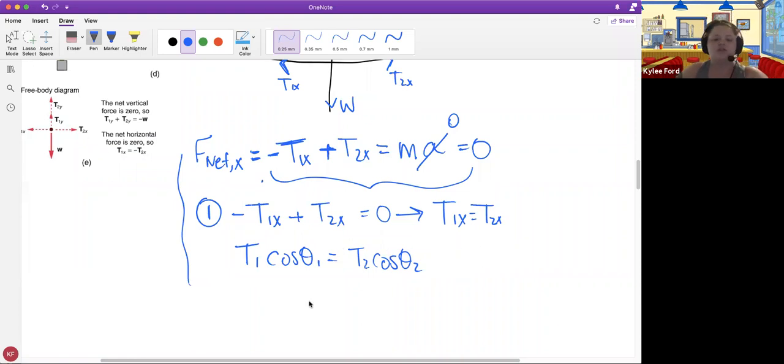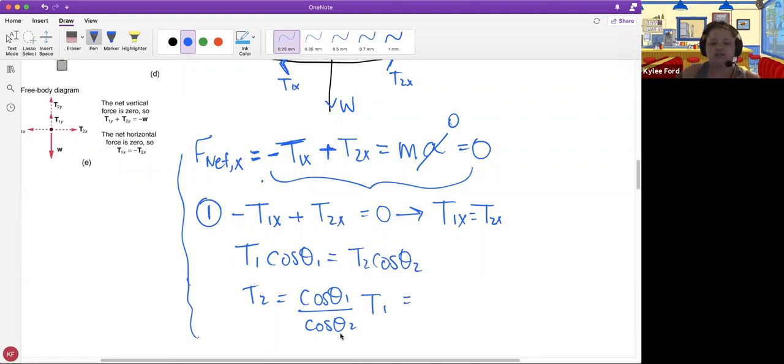All right, so now what I can do is I can solve for either T1 or T2. I'm going to go ahead and solve for T2. So I'm going to get cosine of theta 1 divided by cosine of theta 2 times T1 is going to equal T2. Okay.